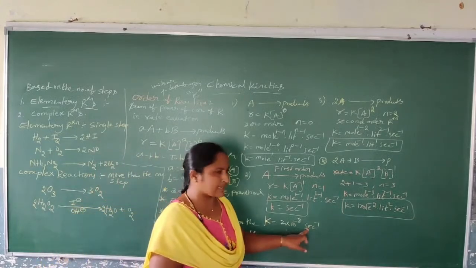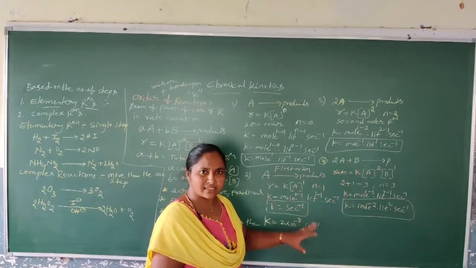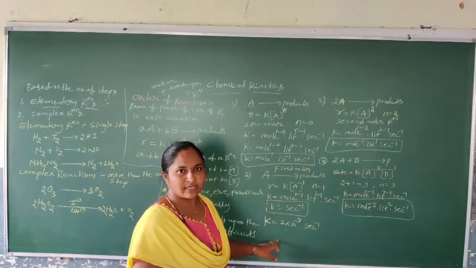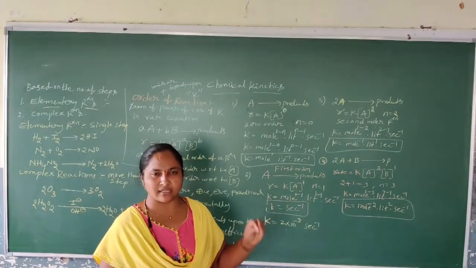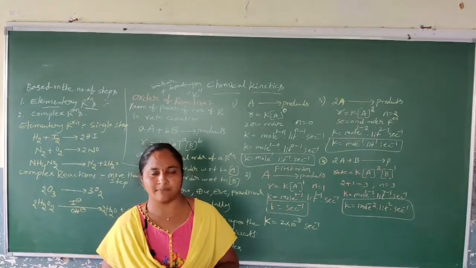By seeing the unit, second inverse, which order's unit is second inverse? First order. So it is a first order reaction. By seeing the units also, we can say the order of a reaction.